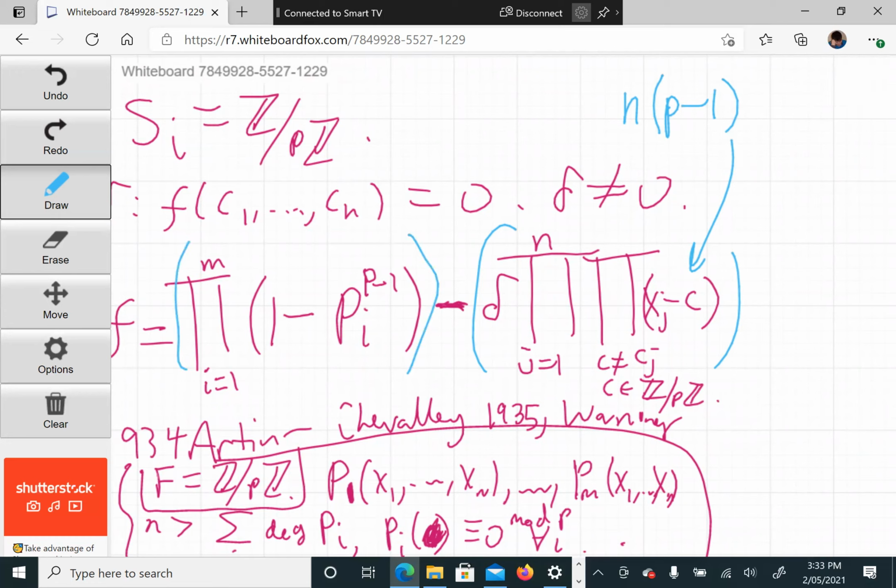That would be M. There's M of these, and then the degree of Pi is P minus 1. So P minus 1 times M. Are you timesing by M? I think so. You have to sum, yeah.